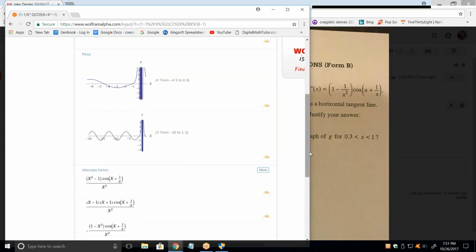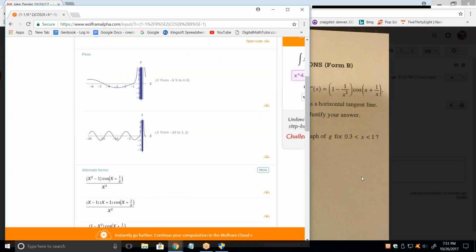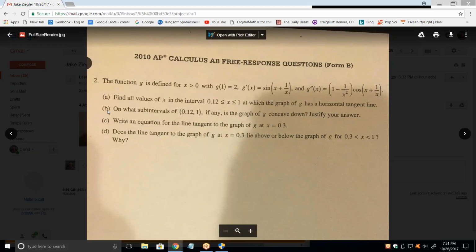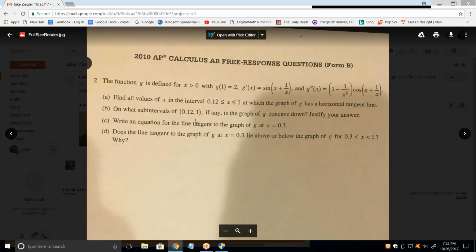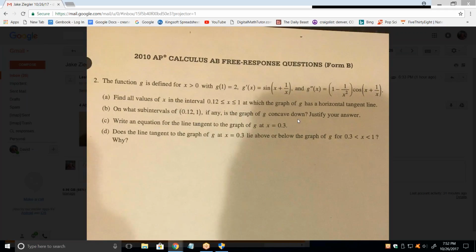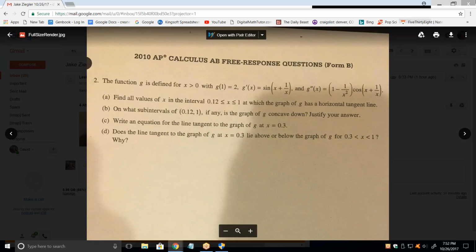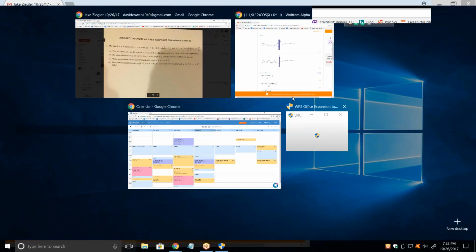And what we want to know is where on this interval is it equal to 0? That's what it says on question B. Excuse me, sorry. Question B says, where is it concave down, which means where is it negative? Well, let's take a look again as to where it's negative.